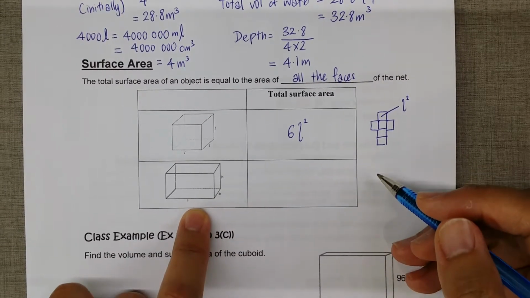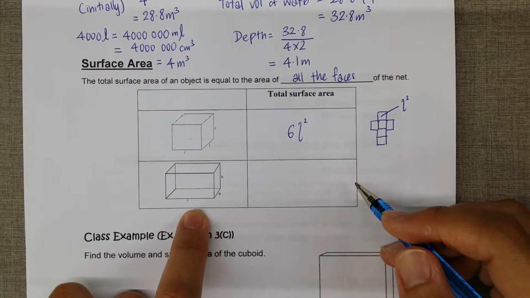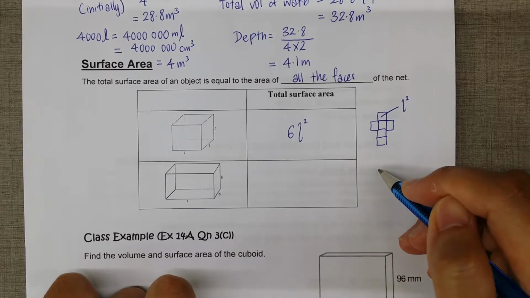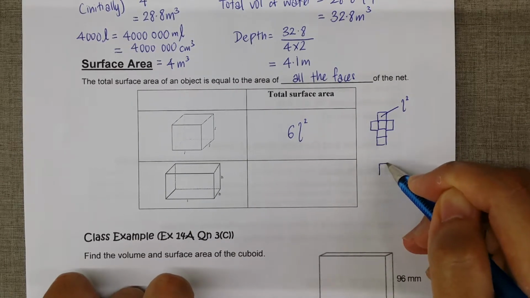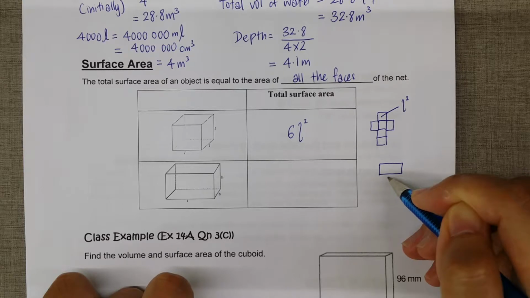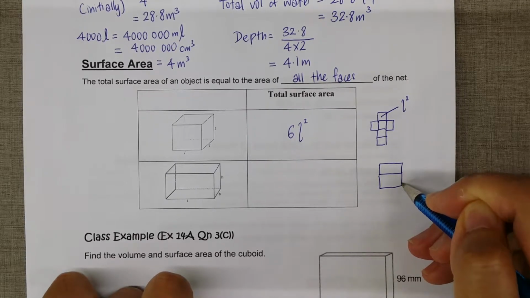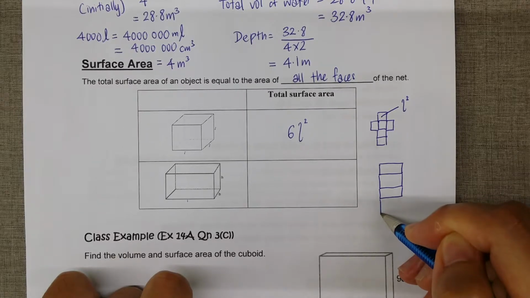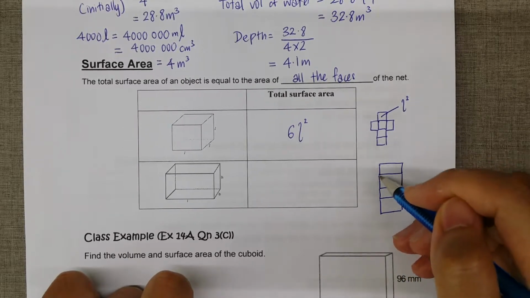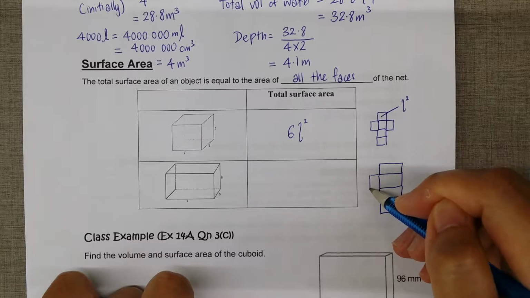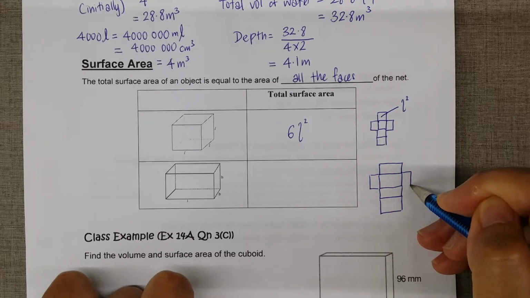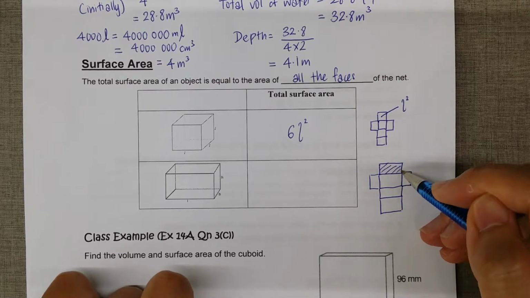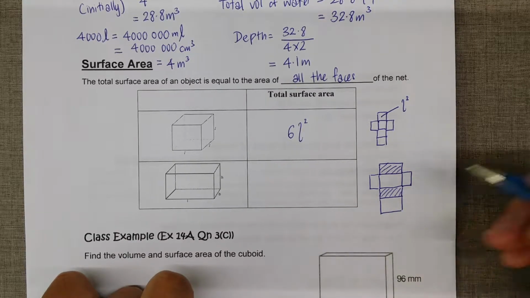A cuboid has the length as L, the breadth as B, and the height as H. If we were to open up the cuboid, it will look something like that. Can you imagine? This and this share the same area.